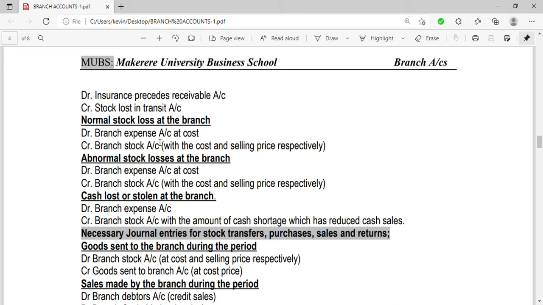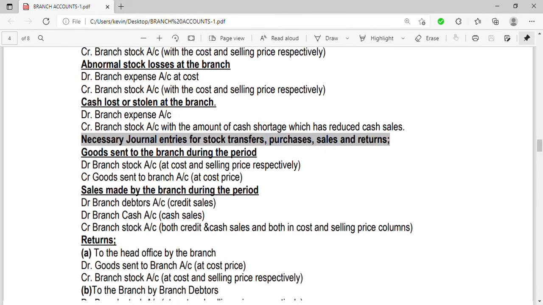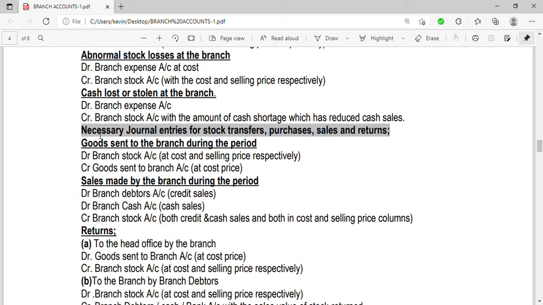And then we credit the branch stock account with the cost and selling price respectively, because the stock at the branch is reducing. And in case of abnormal stock losses at the branch, we debit the branch expense account at cost because expenses are increasing, and we credit the branch stock account with the cost and selling price respectively.